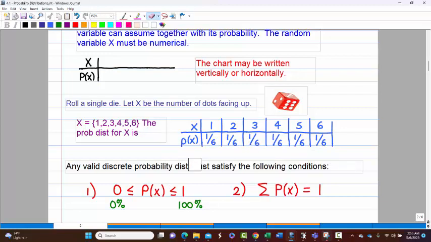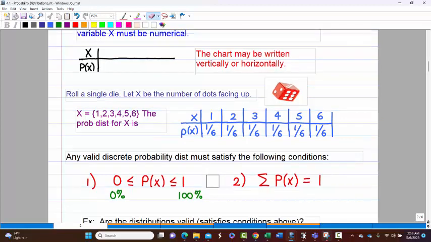Now, any valid discrete probability distribution must satisfy the following two conditions. Number 2 is something we haven't looked at until now, but we've definitely talked about the first one in chapter 3: the probability of any value has to be between 0 and 1. So we already know that.